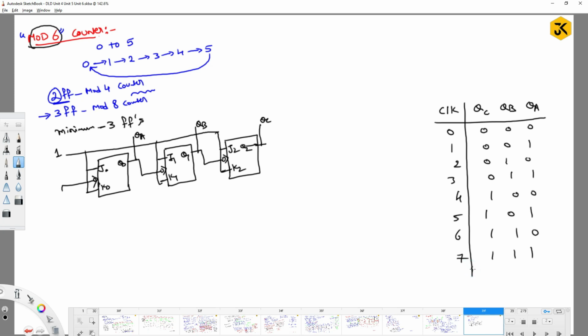Okay, fine. So if you take the mod 6 counter, you are going to get these values. From the next time onwards, they are going to be repeated.